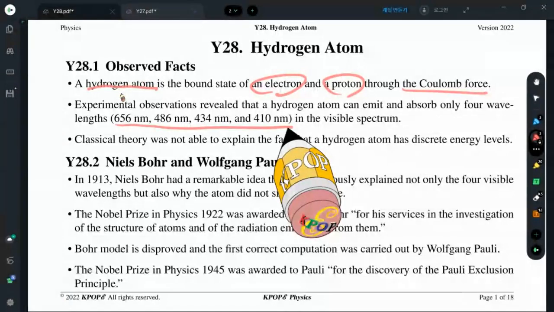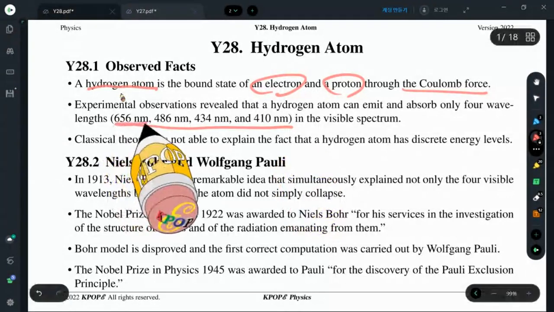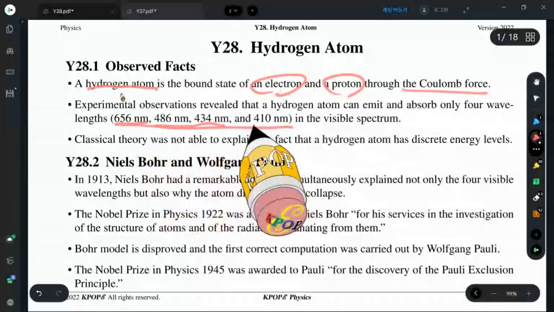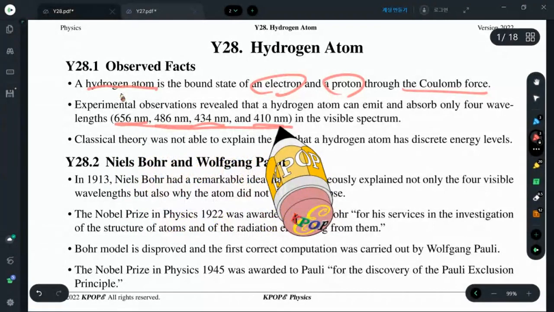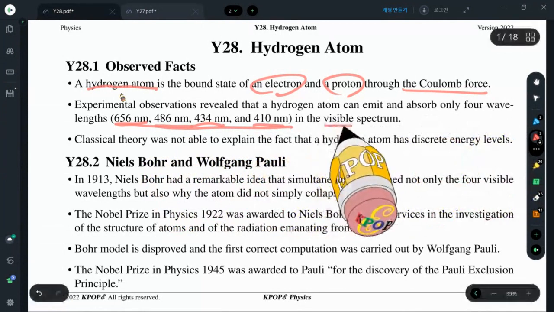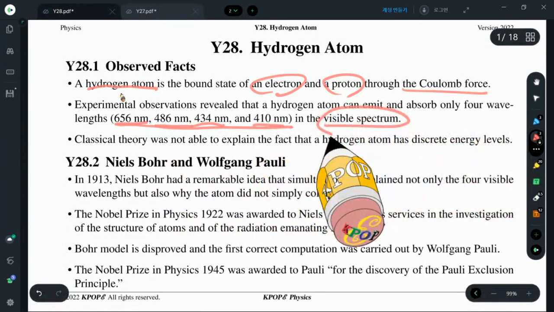It is not a rainbow. It is just four discrete energy levels. There are four wavelengths in the visible spectrum. Sure, there are additional waves with different wavelengths, but they cannot be seen with our bare eyes.